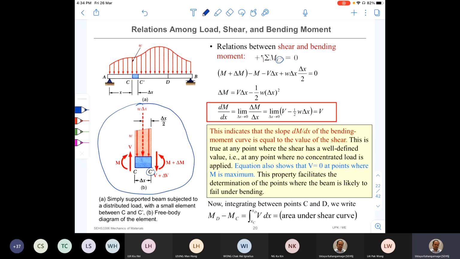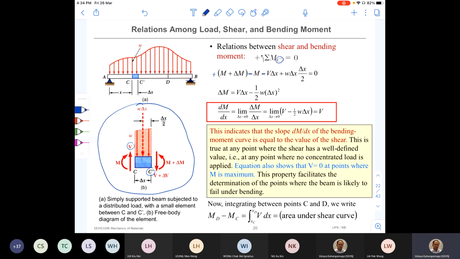So then we get M plus delta M at that point C prime. It is a positive moment, and M at point C is a negative moment. Then V creates a negative moment, and the distance to that point is delta x, therefore negative V delta x.